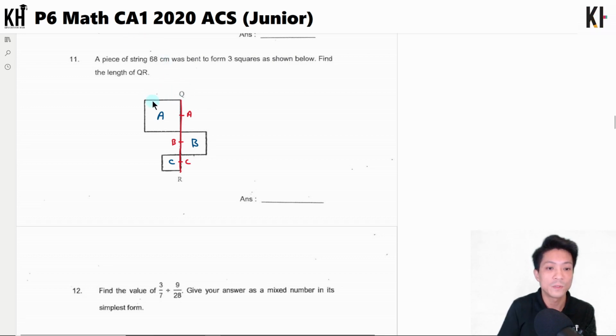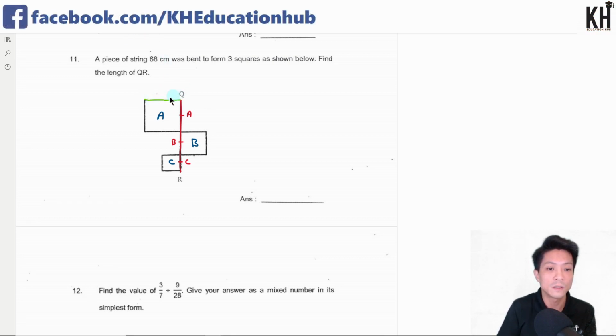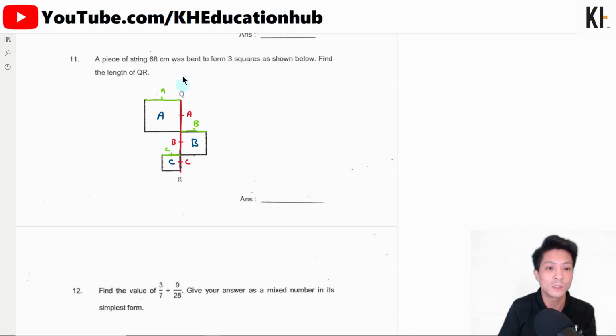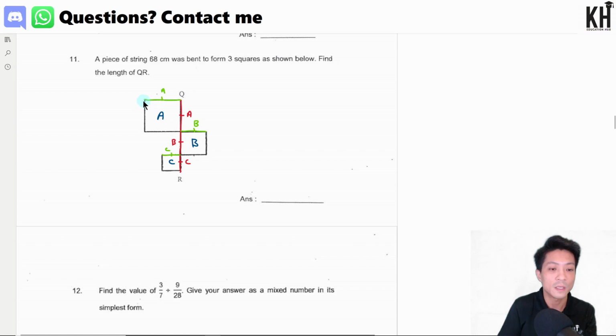The next thing we have to realize is this over here is also A, this over here is also B, and this over here is also C. So this A plus B plus C is also equal to QR, and over here A, B, C. Yellow is a bit difficult to see, but just to let you know.